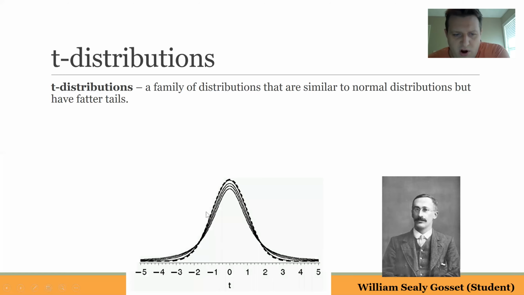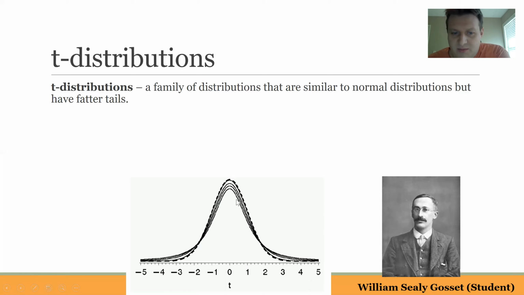So here are our t-distributions. I want to point out that if you look at the dashed line that goes all the way to the top here, that's our normal distribution. Our t-distributions are underneath it. Notice that they don't rise as high, and the tails of these distributions are fatter.